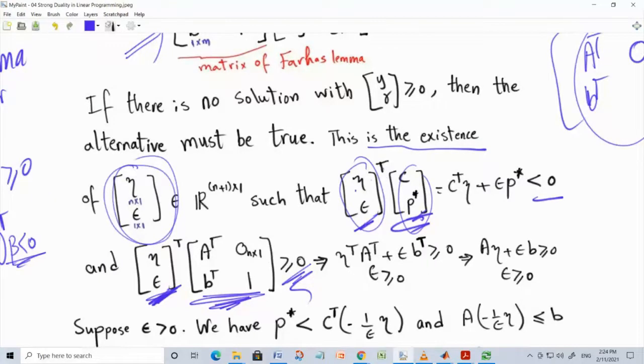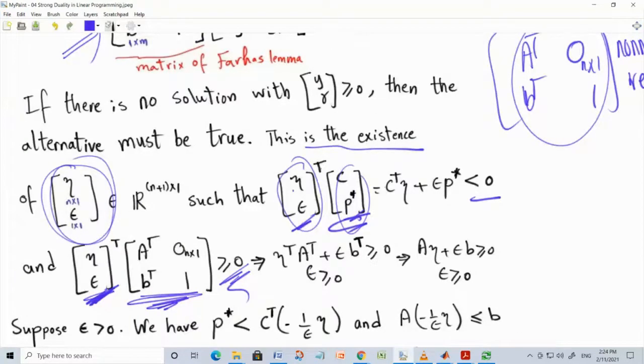So let's just write down the inner products in a convenient way. This inner product will be C transpose eta plus epsilon. Epsilon is the last component in this vector that must exist if the other alternative is false. Then C transpose eta plus epsilon B star is strictly negative.